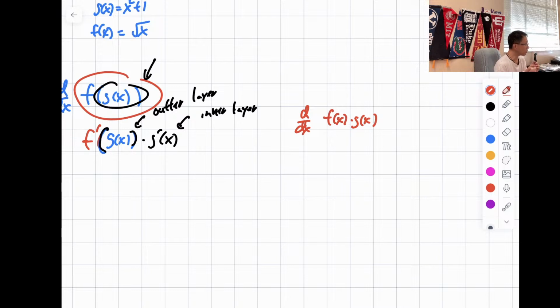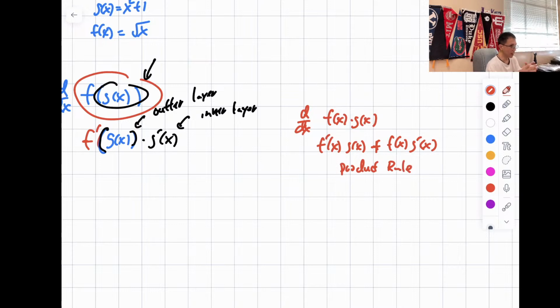Even though it looks very similar, it's not the same. So in this case, it's going to be f prime of x times g of x plus f of x times g prime of x. This is called product rule. So this is not a chain rule. This is product rule because this is f of x times g of x, two functions times each other. The other one is a function within a function.